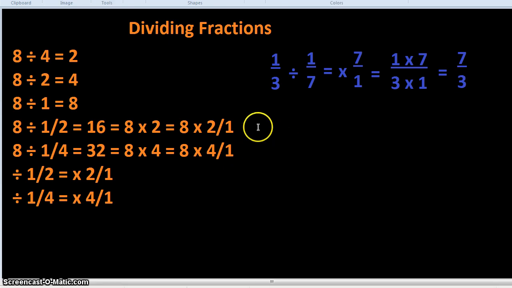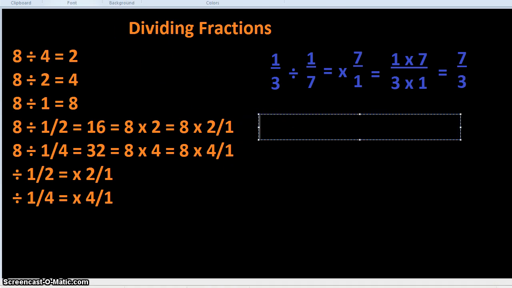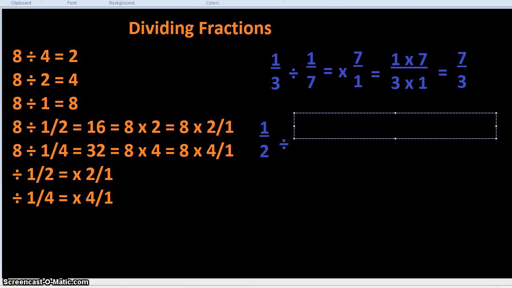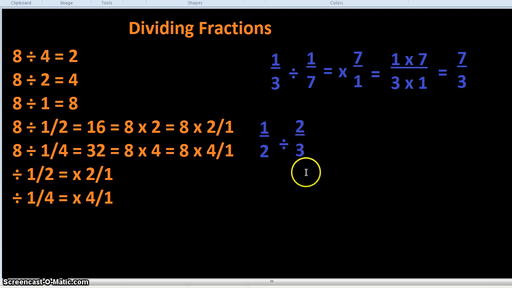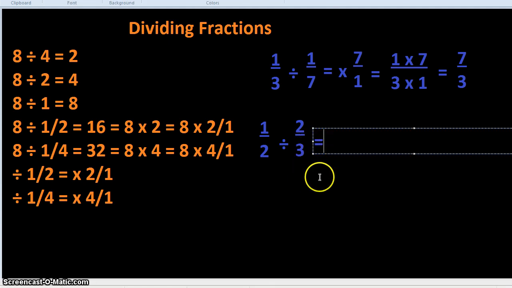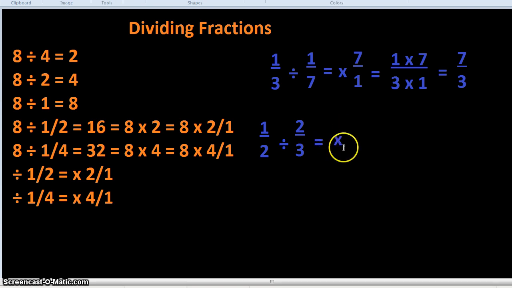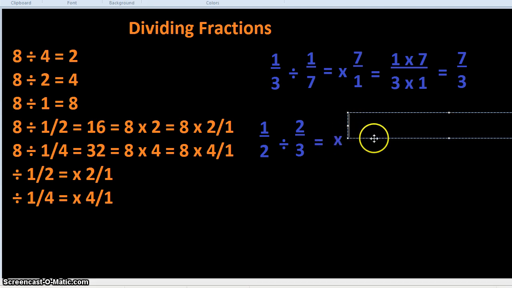One more example. If we had 1 over 2, a half, and then divided by, let's say this time, 2 over 3. Remember, dividing by a fraction is the same as multiplying by the upside down of that fraction. So it's the same as multiplying by 3 over 2.